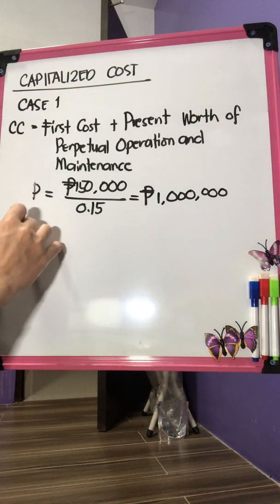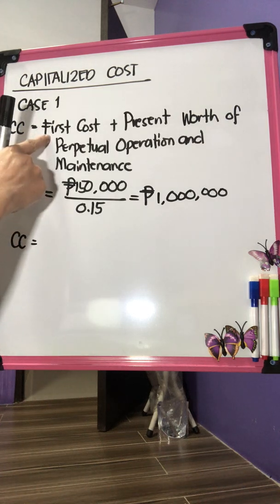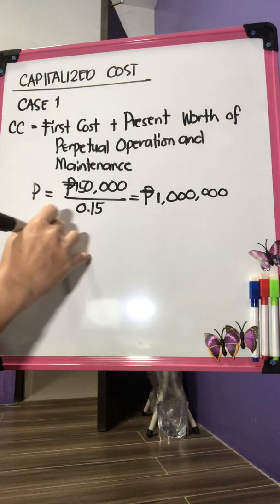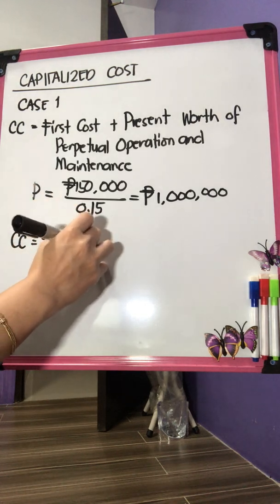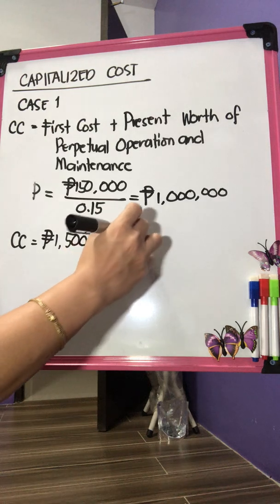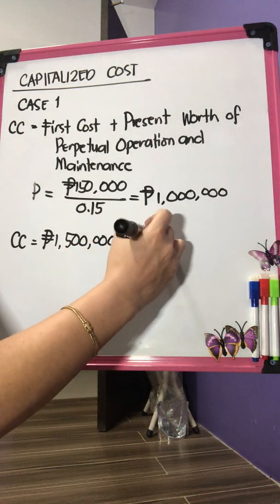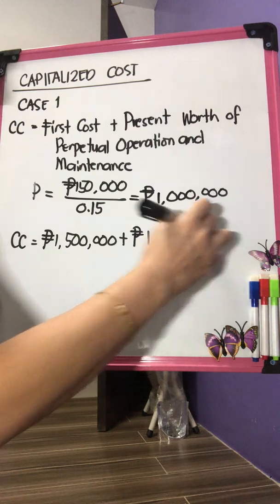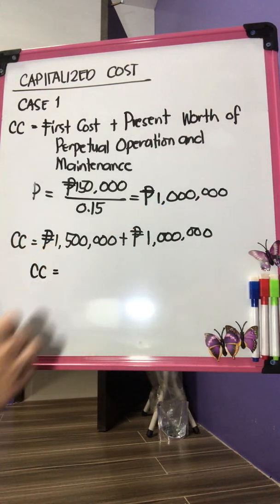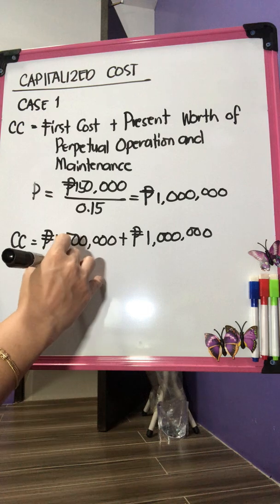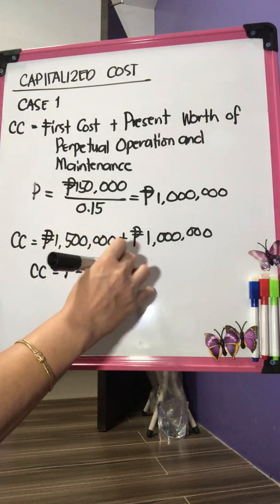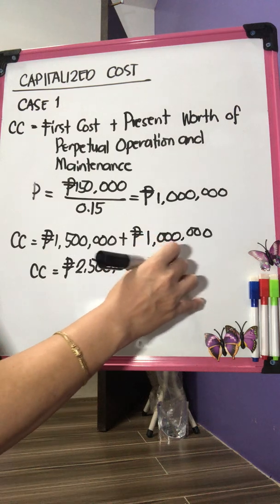So, para makuha yung capitalized cost, di ba, sabi natin that is equal to first cost, wherein ang first cost natin is equal to 1,500,000 plus yung ating cost for maintenance which is equal to 1 million. Okay? So, yung capitalized cost for case 1 is equal to 2,500,000 pesos.